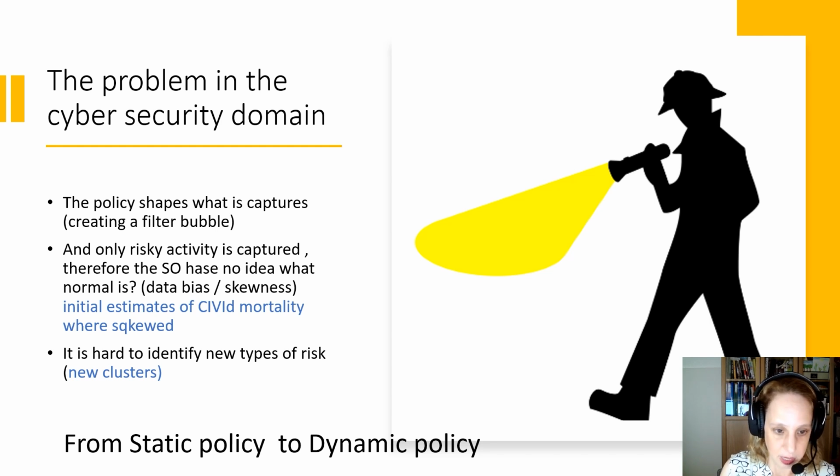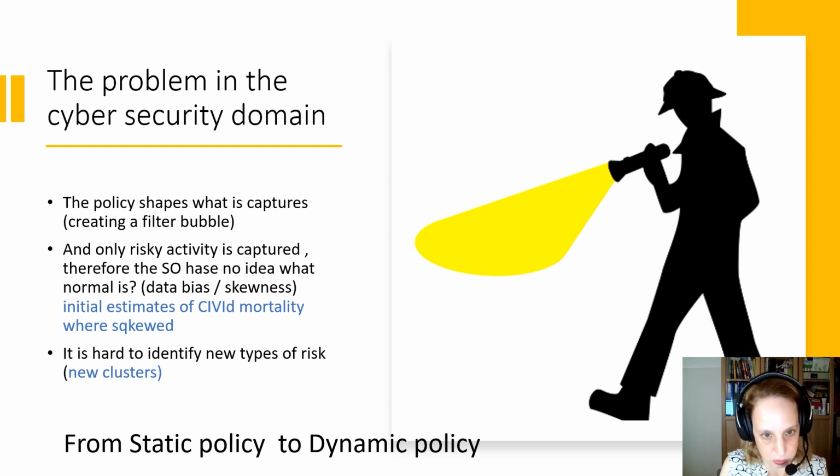What are the problems in the cybersecurity domain? The problem is, and not only in the cybersecurity domain, it's also very similar in our problem, that the policy shapes what it captures, therefore creating a filter bubble.